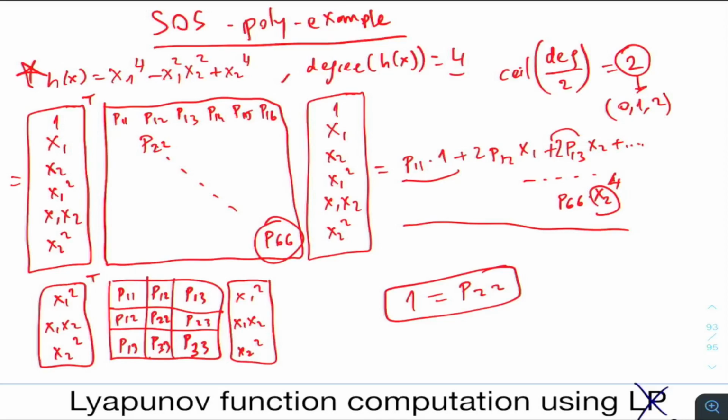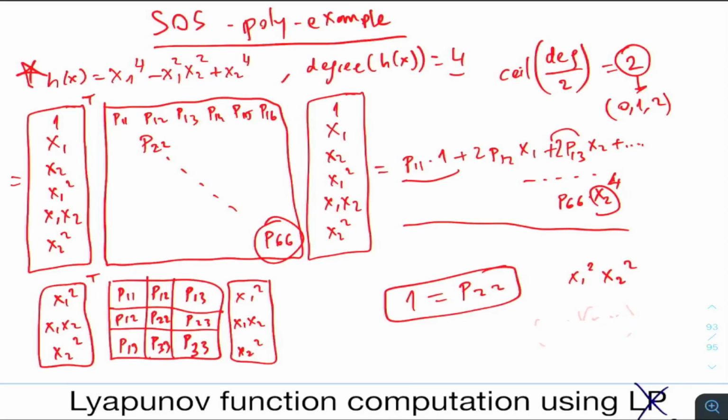This is your first constraint, right? And I'm looking at the second term, x1 squared x2 squared, and I guess you can do this only with x1 x2 times x1 x2. There is no other way. You cannot generate this in another way, right?